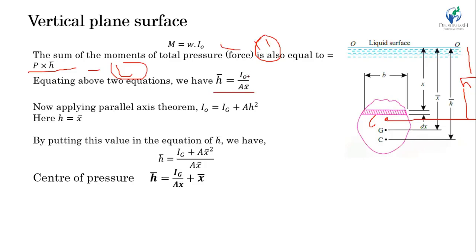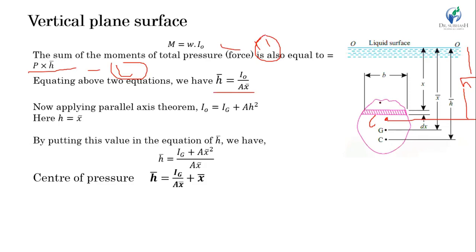Keep in mind this I0 is nothing but the second moment of surface area about this liquid surface OO, which is sometimes quite difficult to calculate when the object is not known or is very deep inside the water.